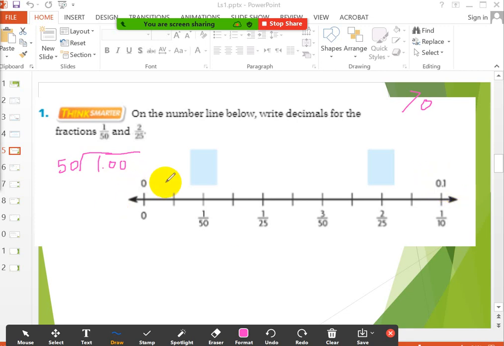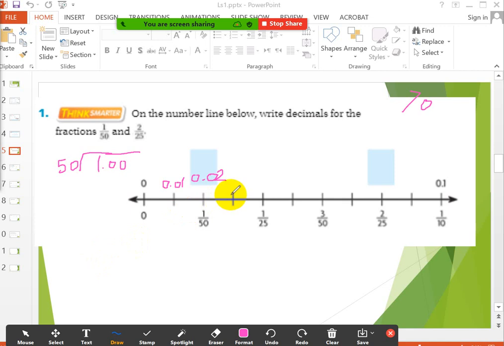So the first number I will count is 0.01. That means hundredths, because here I divide the number line between 0 and 0.1, so the parts will be in the second digit after the point. So it will be 0.01. After that I have 0.02 or 2 hundredths. After that 0.03.